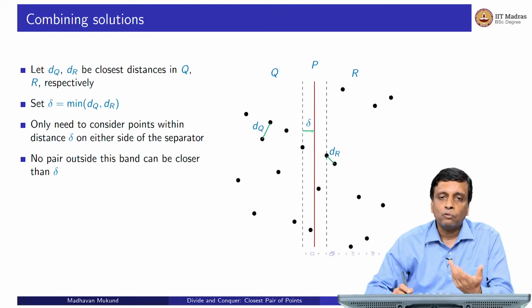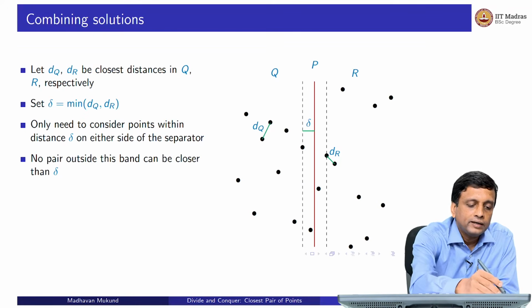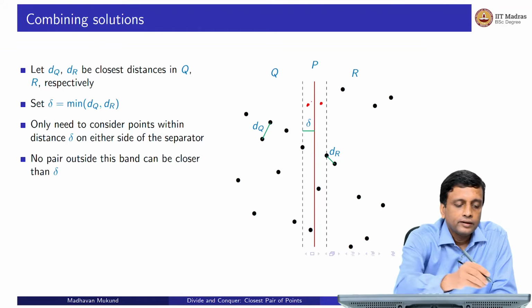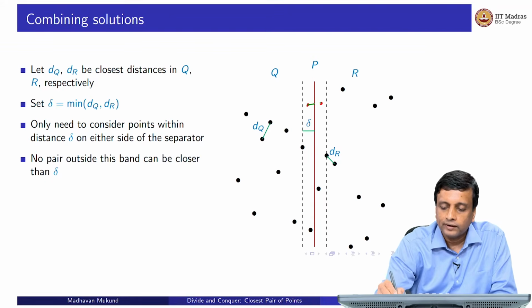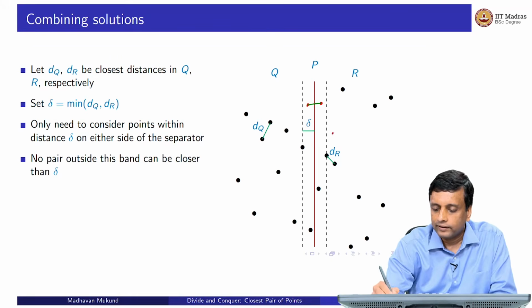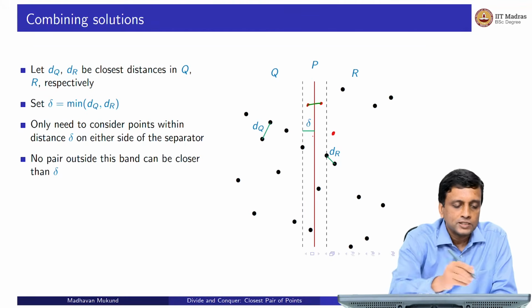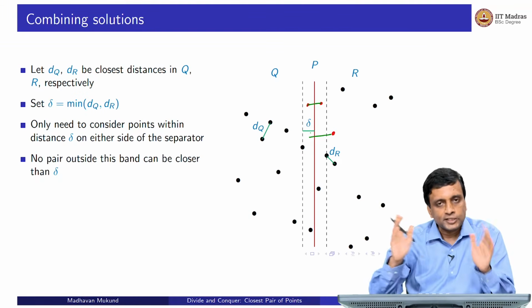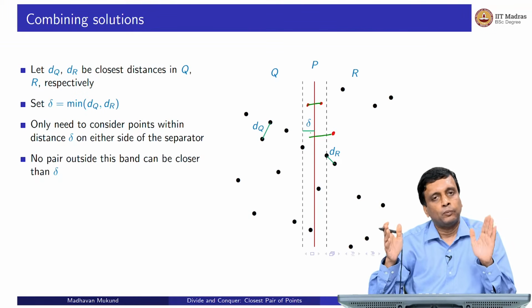The claim is that if I want to look for these boundary crossing points, a point here and a point here, then I should look only within this band. Why? Because if I have a point which is outside this band, and it must cross this band to go to some point other than there, it must first cross the band. So the band is already delta wide.